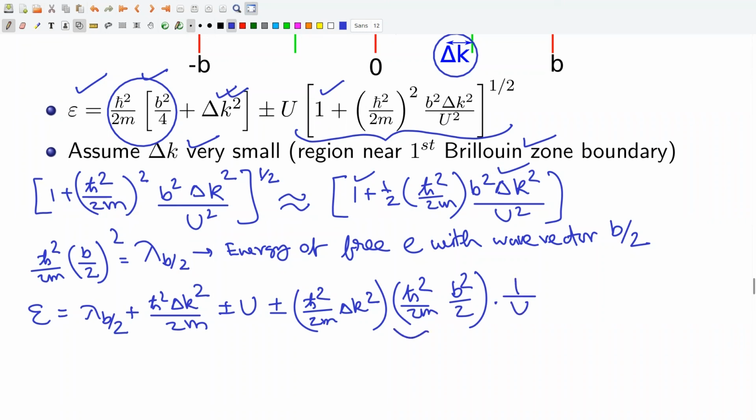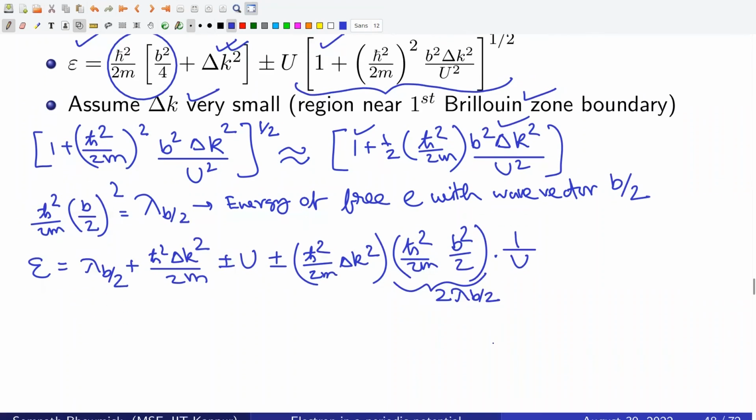Note that this term is 2 times lambda b by 2. Thus we can rewrite the energy in terms of delta k, remembering that delta k is very small, that is k is located very close to the first Brillouin zone boundary.